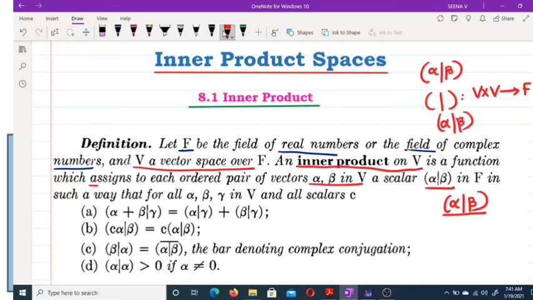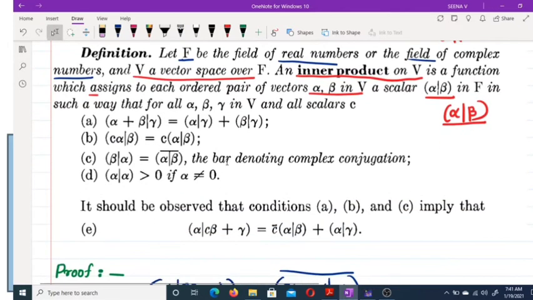So what are the conditions? First, inner product of alpha plus beta and gamma equals inner product of alpha and gamma plus inner product of beta and gamma. Second property, inner product of C alpha and beta is equal to C times inner product of alpha and beta. Third condition, inner product of beta and alpha is equal to the complex conjugate of inner product of alpha and beta.